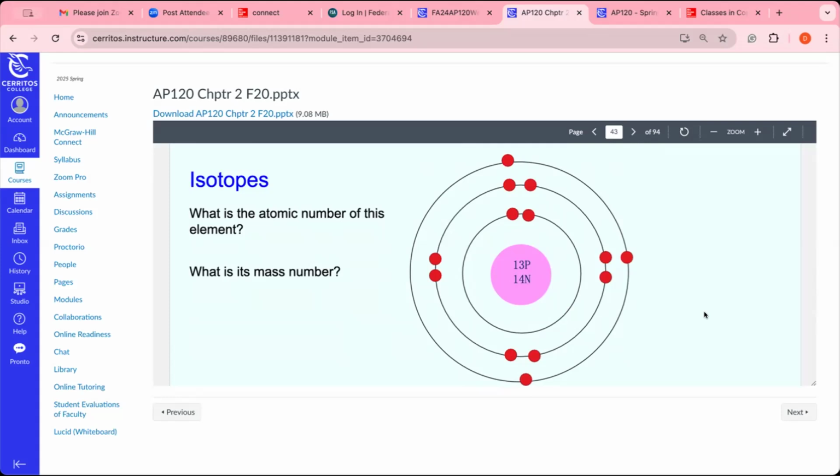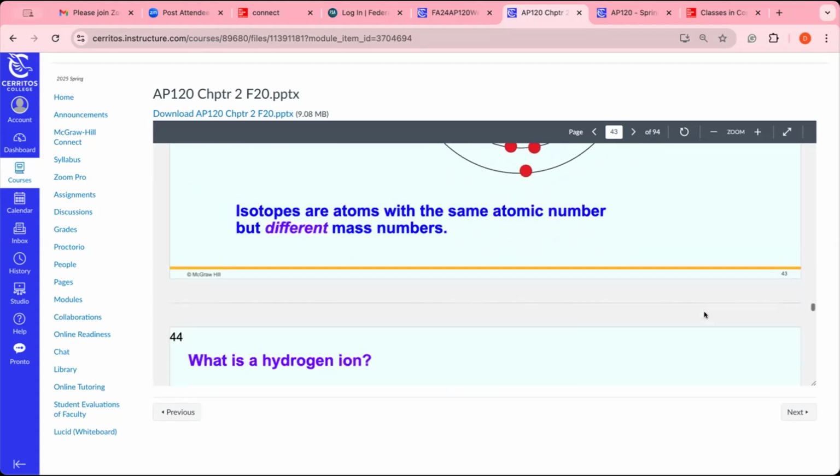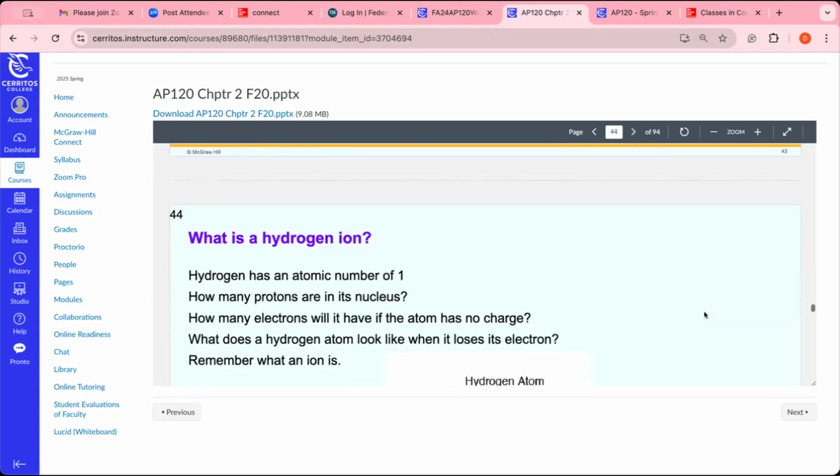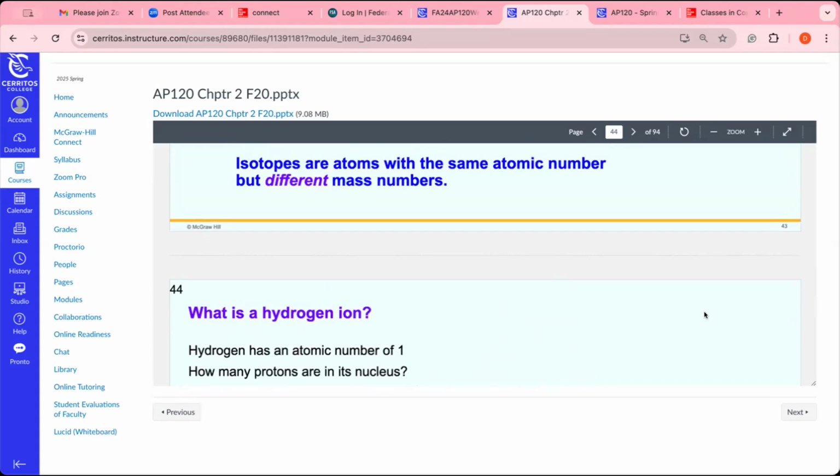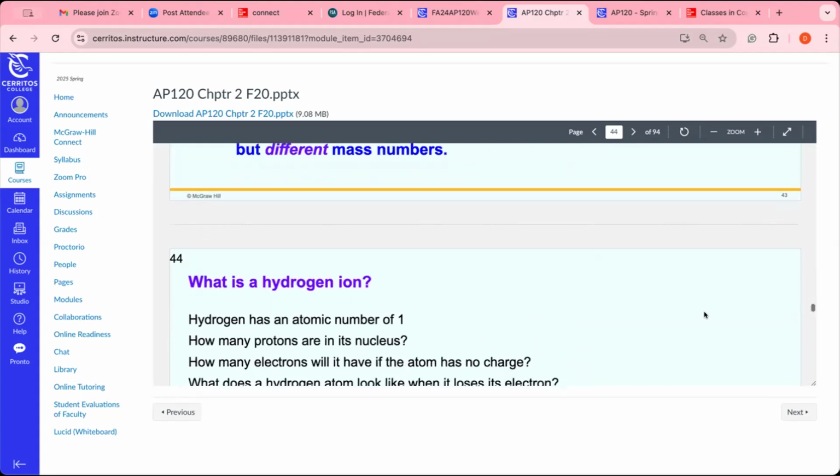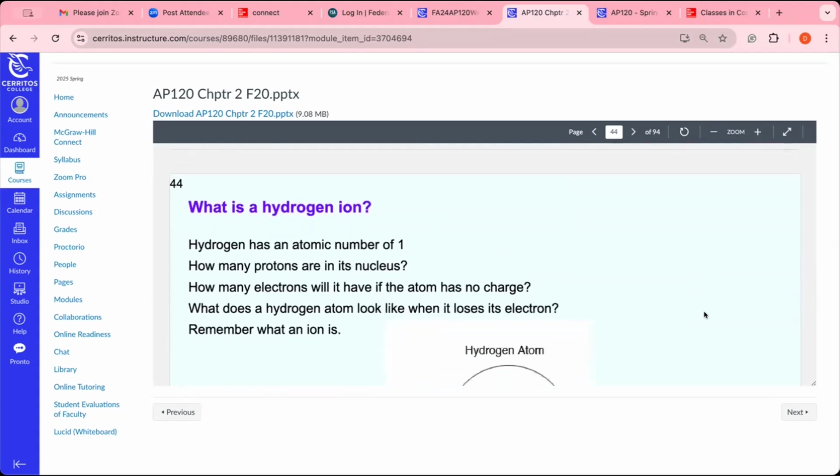So this is what we call an isotope for this element. It has different numbers of neutrons, but the same number of protons. Okay, keep going. Isotopes are atoms with the same atomic number, but different mass numbers. Okay? So that's what we just saw there.